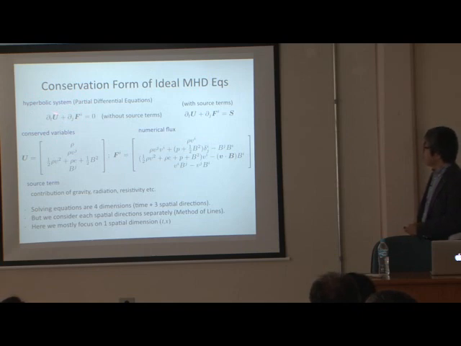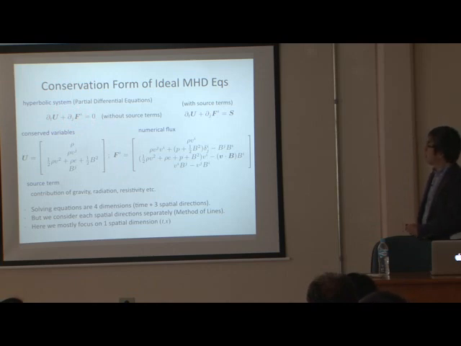In general, we can write the equation like this. Here the partial derivative in t is the time derivative of u. U is the conserved variables. Then the partial derivative in x is the spatial derivative part, and F is the numerical flux, equal to 0.